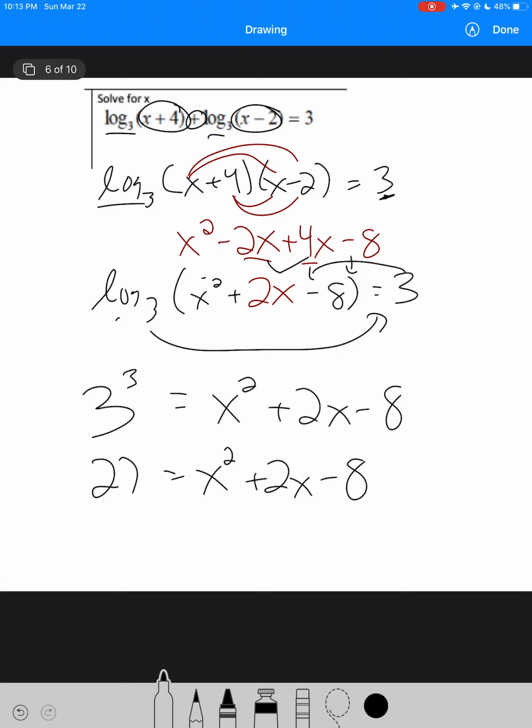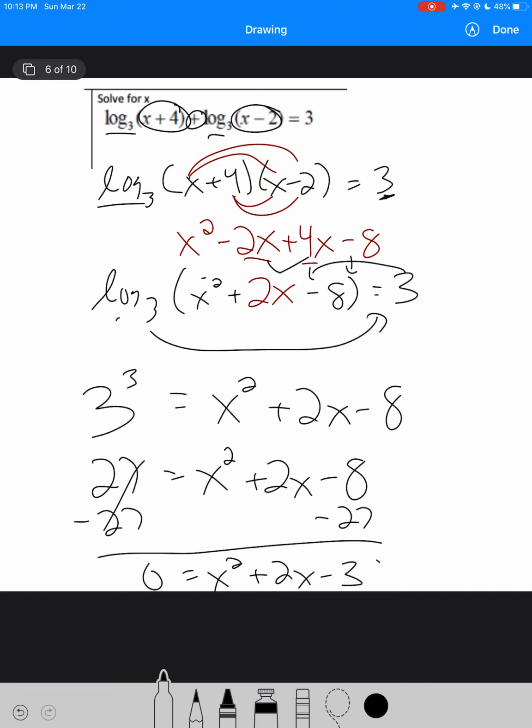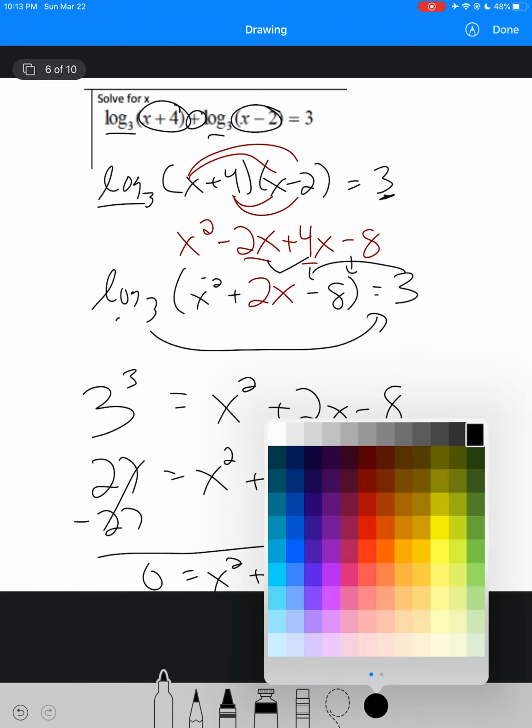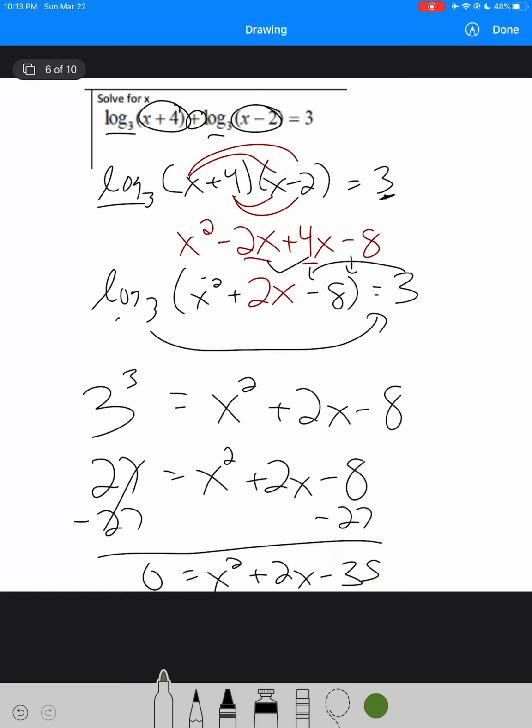Because we have a quadratic, we need everything on one side. So we're going to move this 27 to the other side. It'll be 0 equals x squared plus 2x minus 35. Because we have a quadratic, we need to factor. At the top goes a times c, at the bottom goes b. A is 1, c is negative 35.